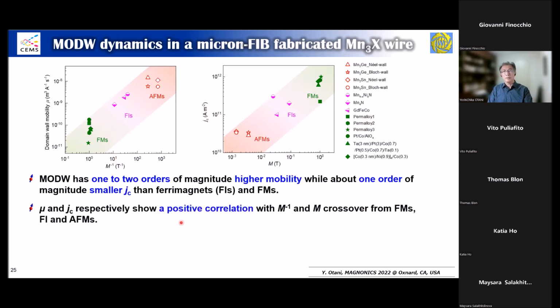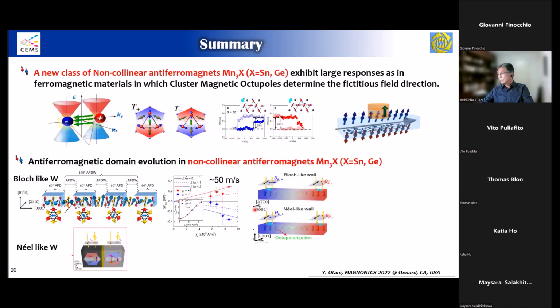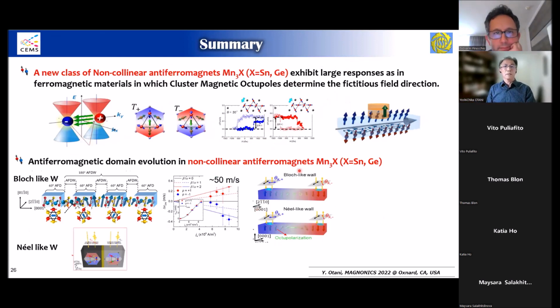So this is what I said, just summarizing. Okay, I have talked reasonably a lot, and I'd like to summarize. We found a new class of non-collinear antiferromagnet, manganese 3X, including manganese 3 tin and also germanium, which exert large responses as in ferromagnet materials, in which the cluster magnetic octupole determines the fictitious field direction.